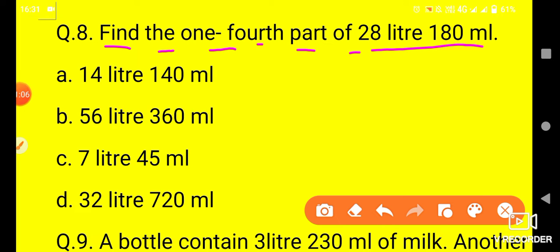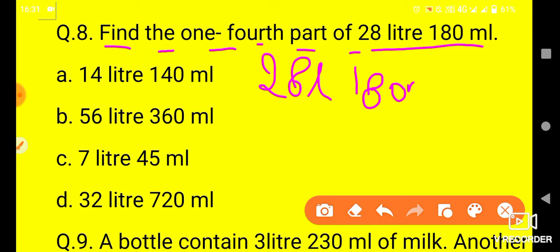We will solve it like this. First we write 28 liter 180 milliliter. We also call milliliter ml. Multiply 1 by 4 because we have to find out the 1/4 part of it.